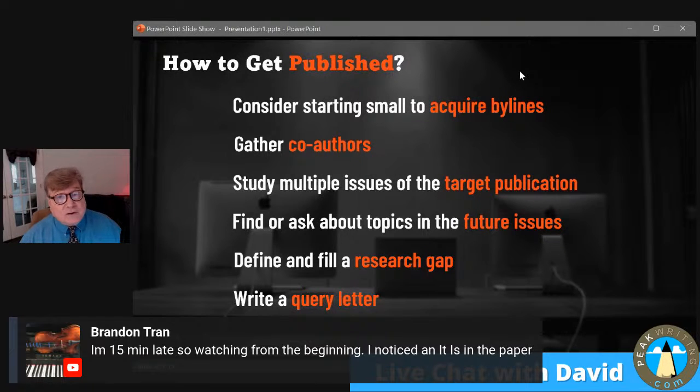And if the editor is interested, then the editor gives you what is called a go ahead, which means the editor says, now, I would like to see what you write. I'm not saying that I will publish it. I'm just saying I'm interested in seeing it and possibly working with you on it. That's what a query letter does. And there are plenty of articles on the internet that show you examples of query letters and how to write query letters.